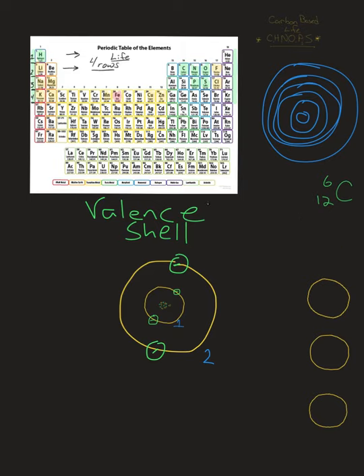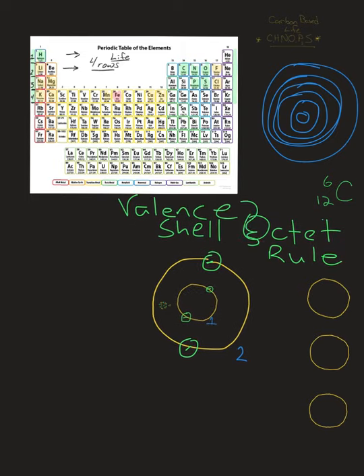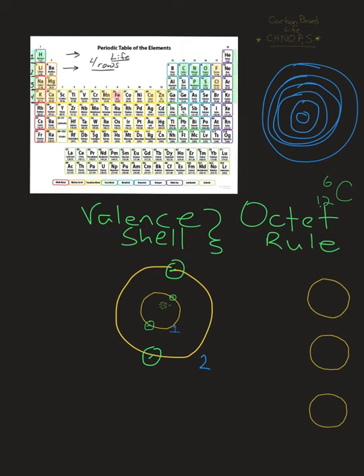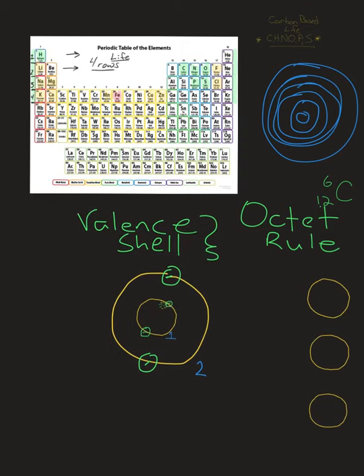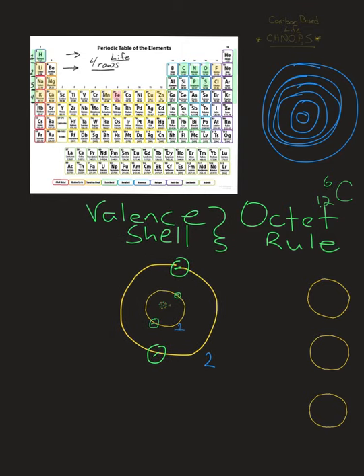So we call it the octet rule, because you expect there to be 8 in the outer shell, except for that first shell. That's one of those things you're going to have to remember, there's an exception there. This first shell only has 2 electrons. We'll come back to that in a minute, especially when we're talking about hydrogen.